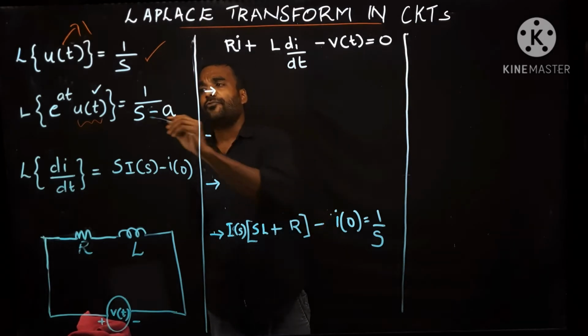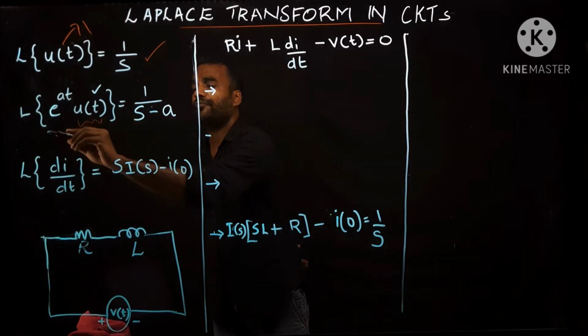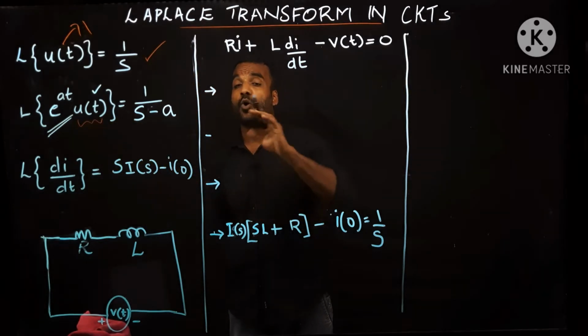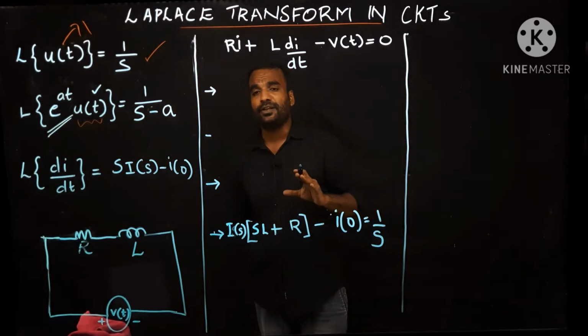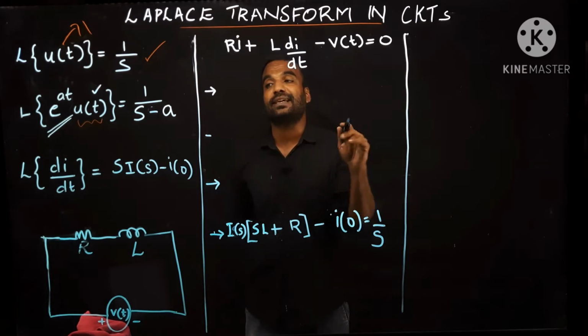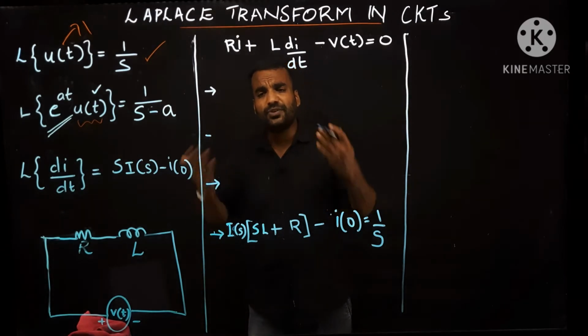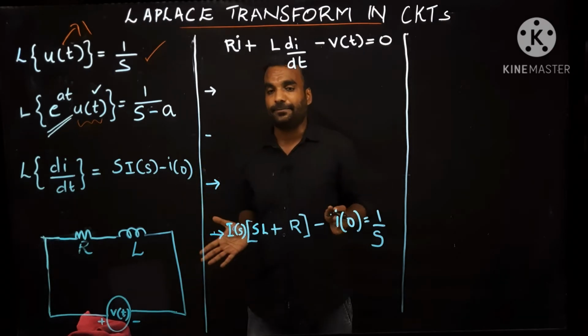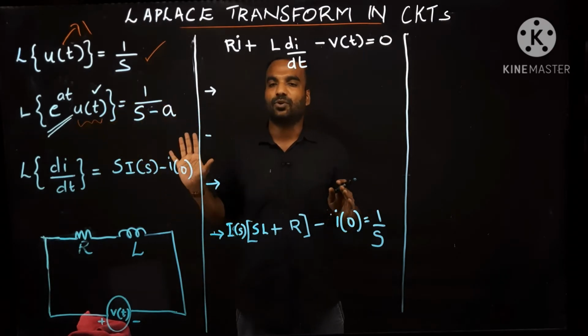So if you are applying a multiplication with e raised to at in the time domain, in the corresponding frequency domain you have to put s minus a instead of s. Wherever you see s, please substitute it with s minus a.